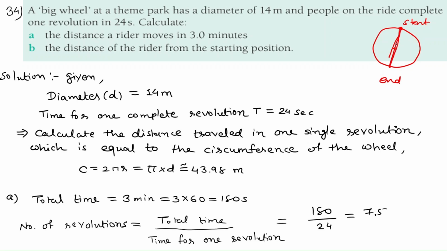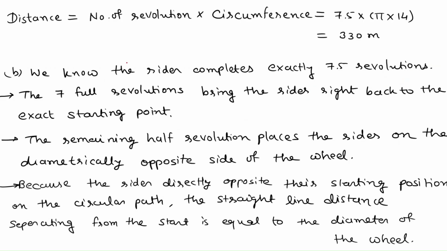So what is it? This is the diameter. It will be like this also. It is also the diameter here. I mentioned here the seven full revolutions bring the rider right back to the exact starting point. The remaining half revolution places the rider on the diametrically opposite side of the wheel.